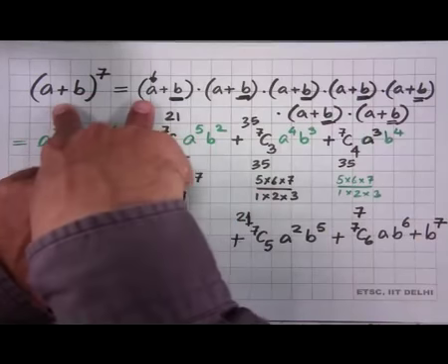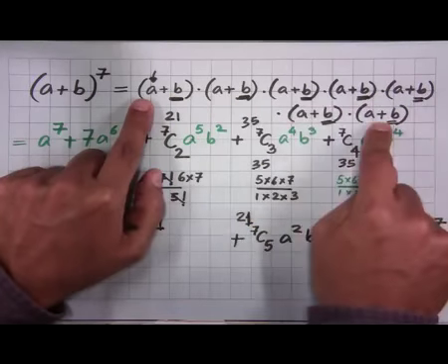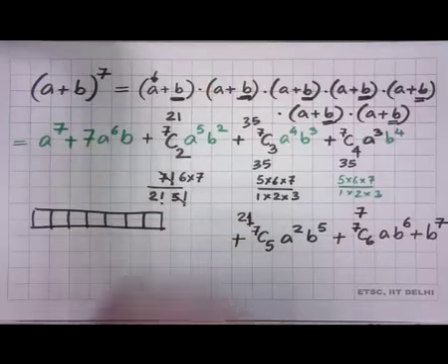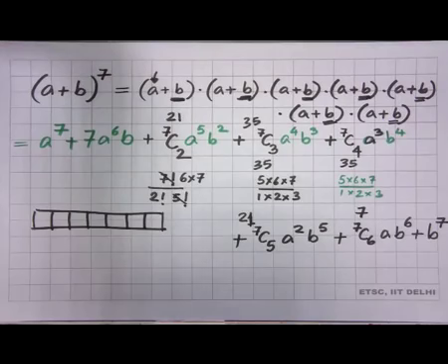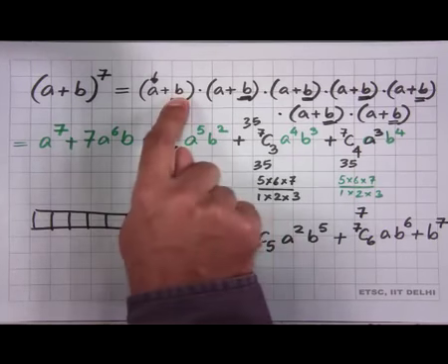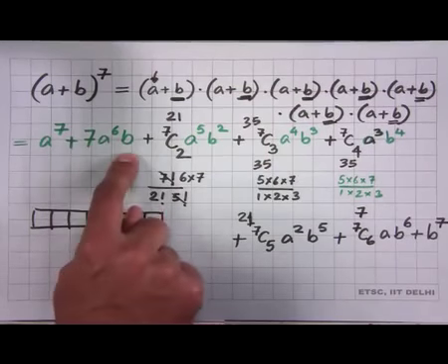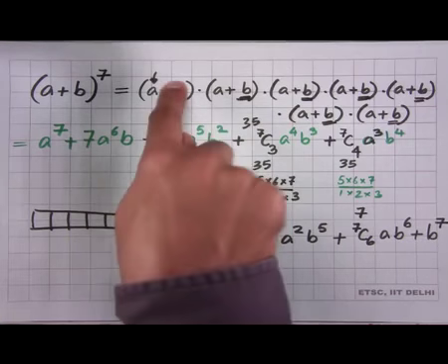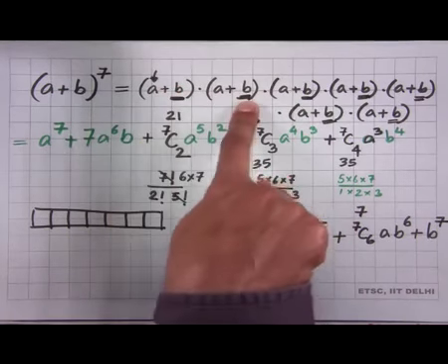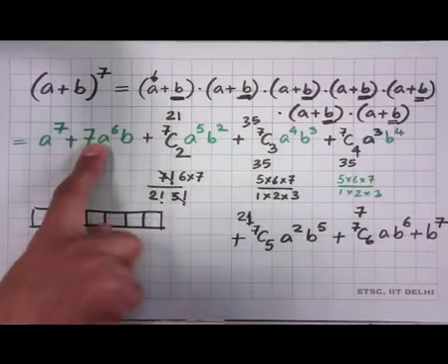A plus b whole power 7 was broken up into 7 pieces, and then you keep picking. The first time you pick all a's, you get a power 7. The next time you pick only one b and 6 a's, you get a power 6 times b. And how many different ways can you pick one b? You can pick it from this one, or this one, or this, or this, or this, or this, or this. So, there are 7 different ways to do that.